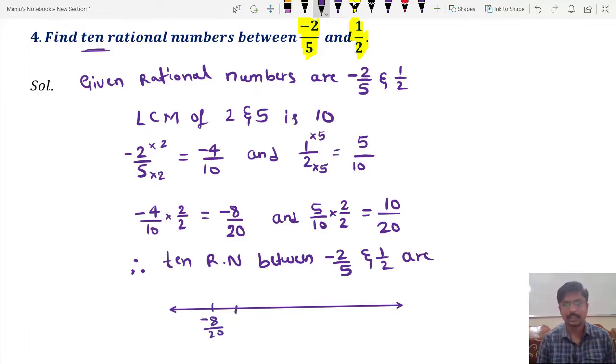The next number will be minus 7 by 20, next minus 6 by 20 and so on, 0, 1 by 20, up to 10 by 20. What do we have to write?